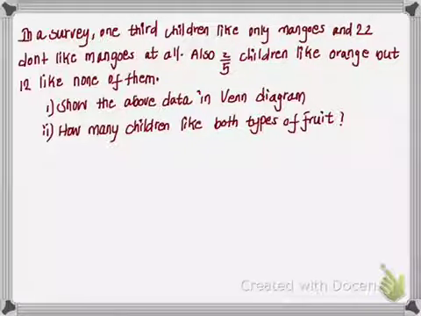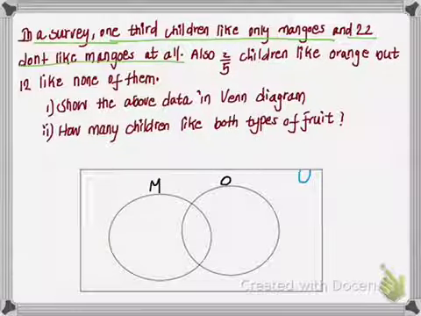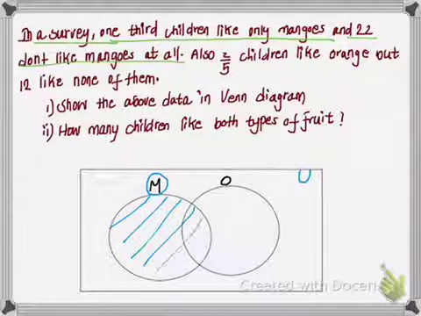So the question says, in a survey, 1/3 of children like only mangoes and 22 don't like mangoes at all. So here is our Venn diagram, and this capital M represents the number of students who like mangoes. This circle represents the number of students who like mangoes.